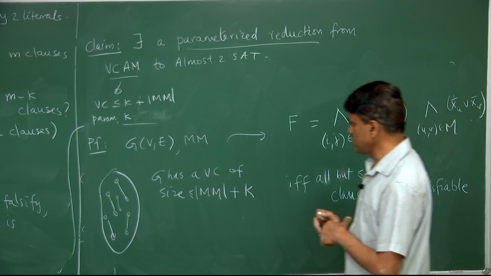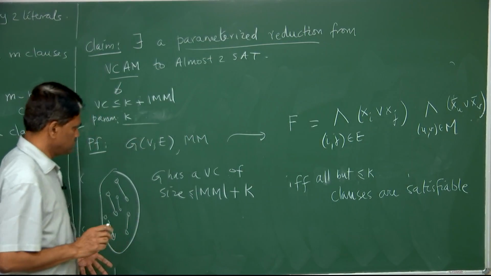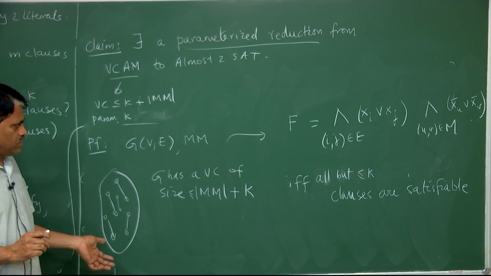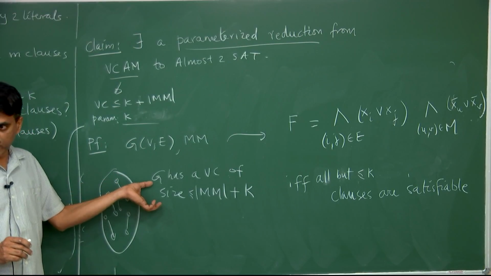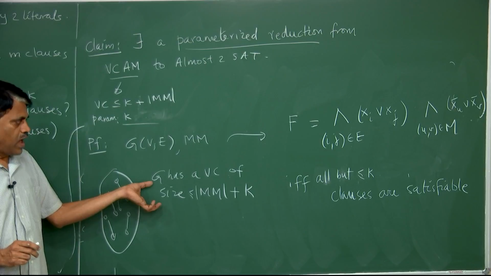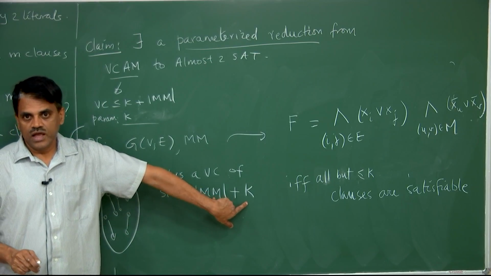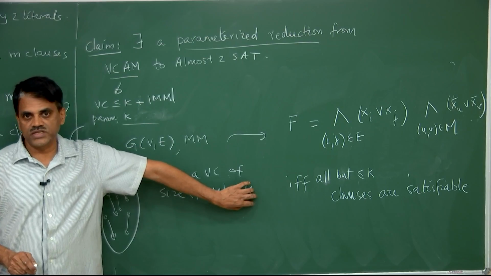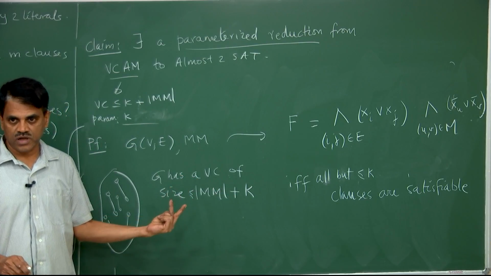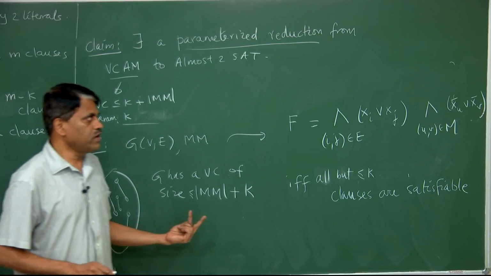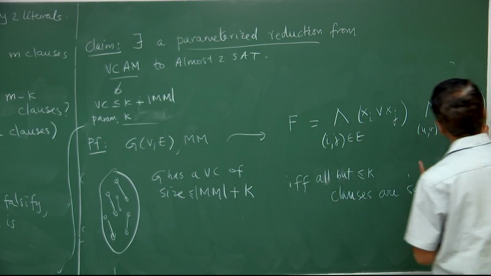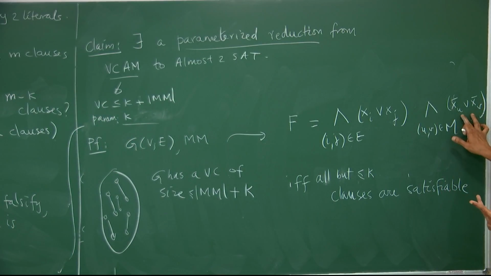So, one direction: you take the vertex cover given to you, and since its size is at most this plus k, in at most k of the edges of the matching it picks 2 endpoints. Go and remove those k clauses from here, because you are stuck, you are picking both endpoints.